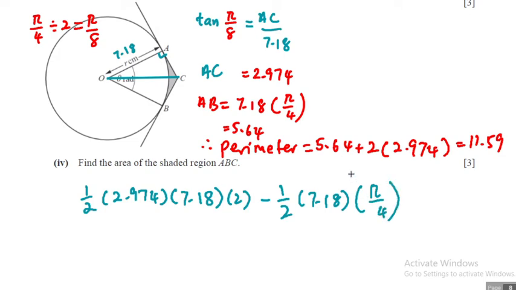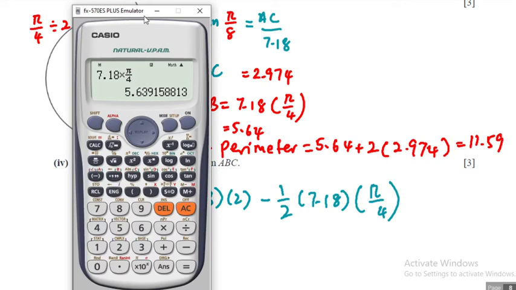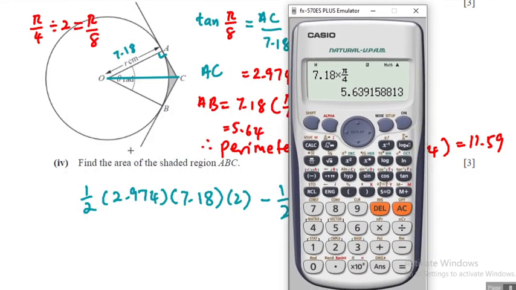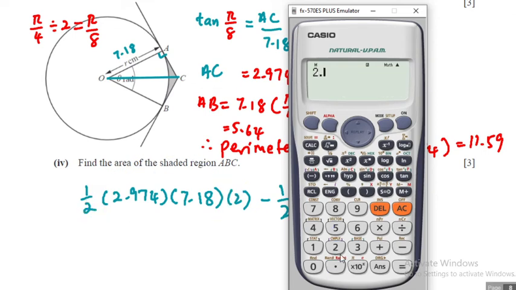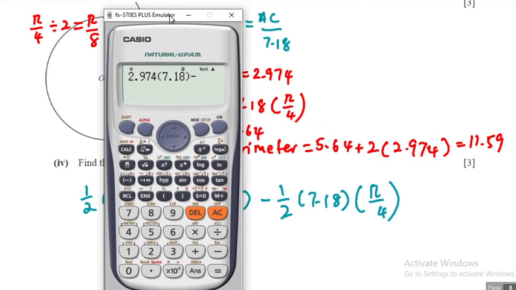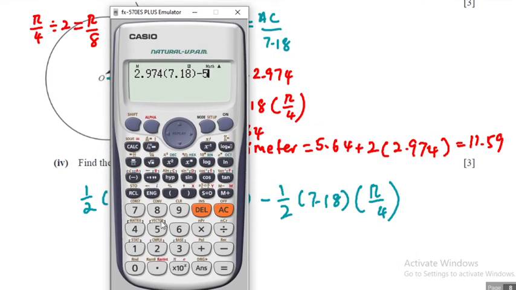Don't use the wrong theta again. And this one you can just press calculator. Here we cancel, so left only this part, right? So I'm going to just press that part. 2.974 times 7.18 minus this part here. 1 over 2 is 0.5.